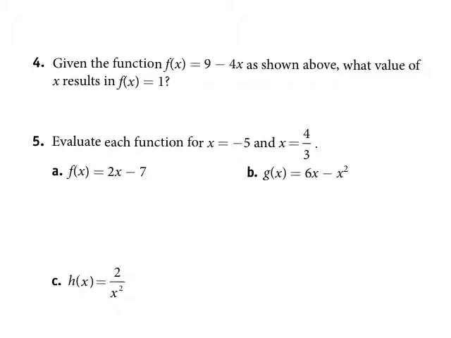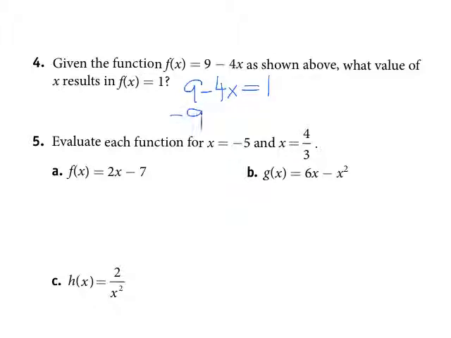And I also know that this expression right here, 9 minus 4x, should represent my output, right? So setting up this problem, I know that 9 minus 4x, which is my output, should be equal to what? 1. And then I solve from there. So 9 minus 4x equals 1.